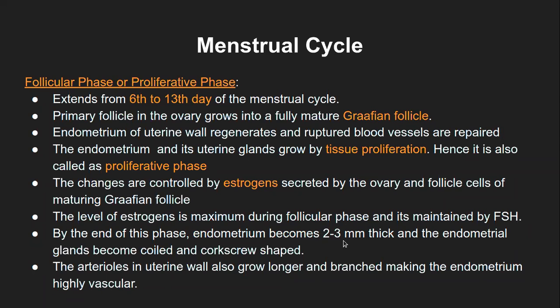Normally it is 2 to 3 mm thick. In heavy bleeding females, it can be up to 4 to 5 mm thick. And if it is higher than that, and if it is regular, we should consult a doctor and try to identify the reason why a particular female is undergoing heavy bleeding.